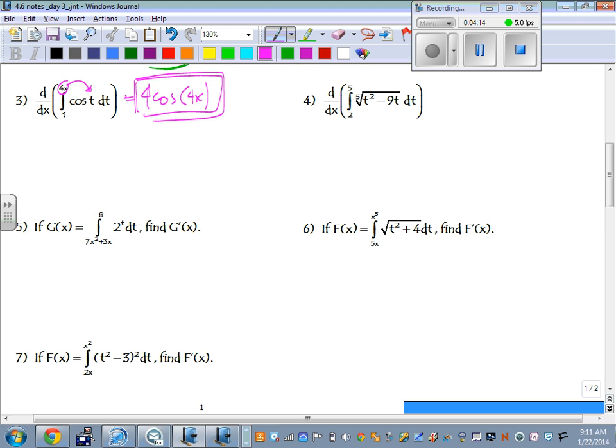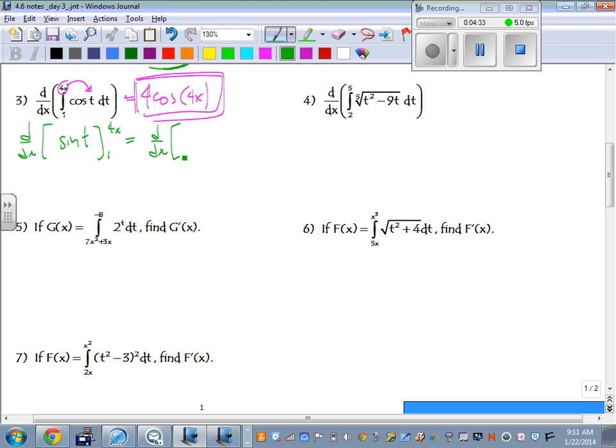But just to back it up and show, again, that's all you have to do. But just to show you how it's working, just to make sure it sinks in, we take the derivative of this, so we're going to do the antiderivative. Cosine is sine from 1 to 4x. That means we're taking the derivative of sine of 4x minus sine of 1.